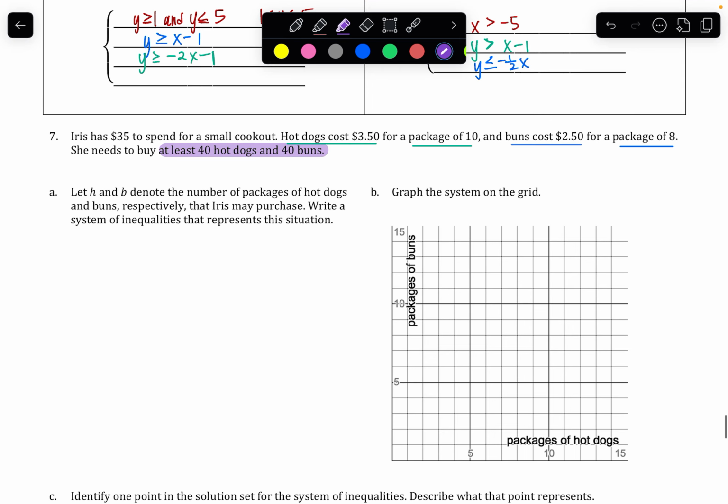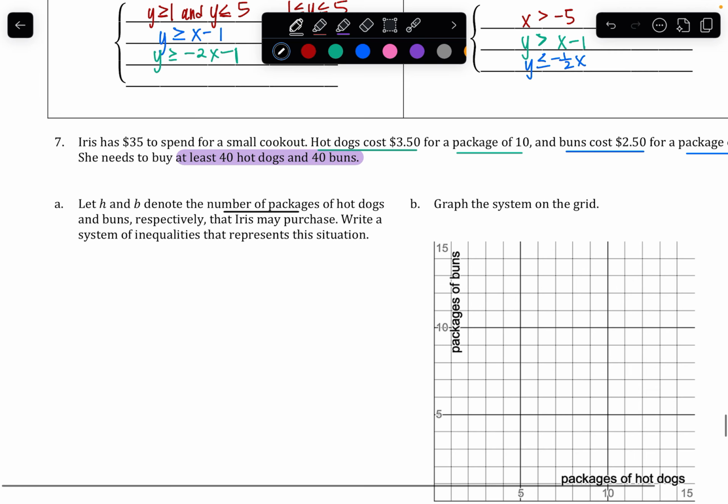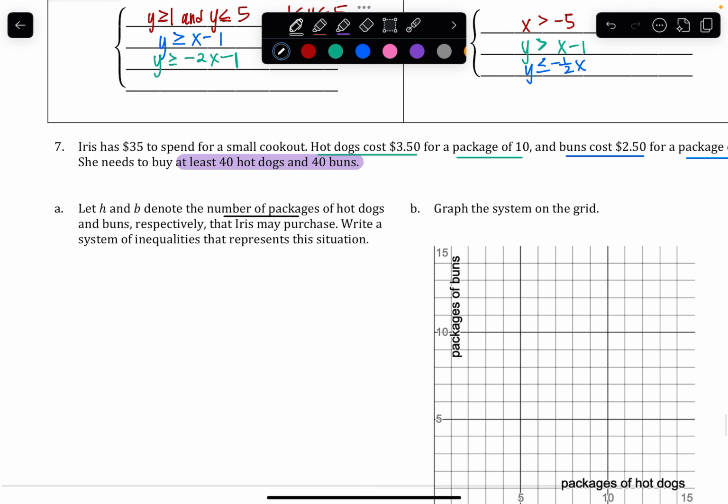Okay, and so it says let H and B denote the number of packages of hot dogs. So that's important, the number of packages of hot dogs and buns, respectively, and that Iris may purchase. Write a system to represent this situation. Okay, and so if H is the number of packages of hot dogs, and B is the number of packages of buns.